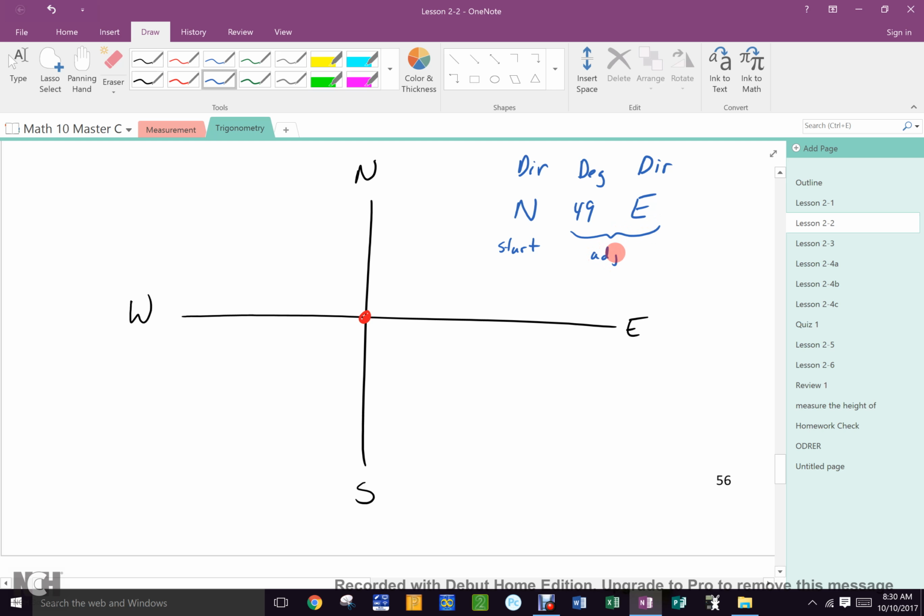Does everybody understand that? Okay, so if I told you to walk west 18 north, where would that go? So I would start out going west.